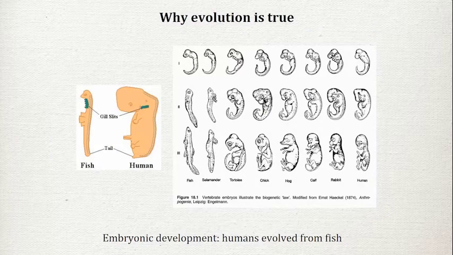Human embryos start off looking like fish embryos. Their branchial arches become gills in fish and the pharynx in humans. This is further evidence that fish and humans stem from a common ancestor.